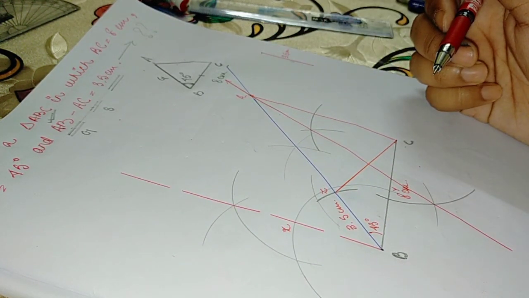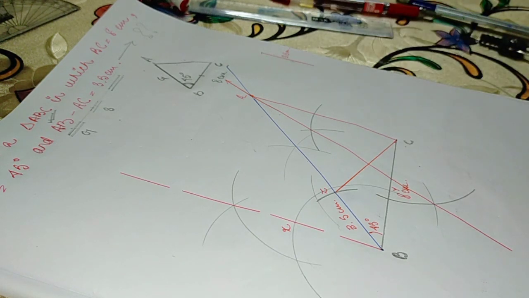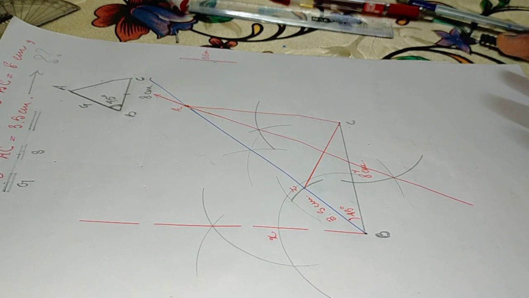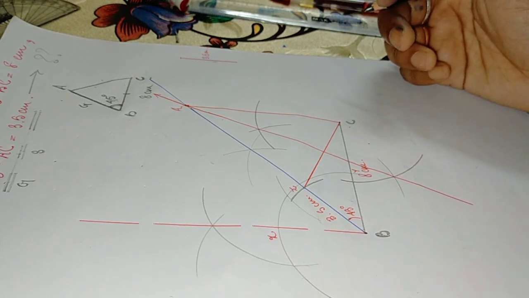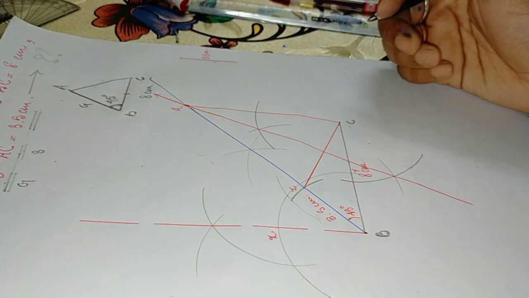I'll be getting 3.5. How? The question may come how. So that particular part I'll show you.